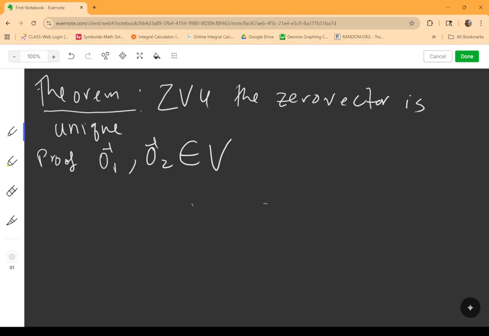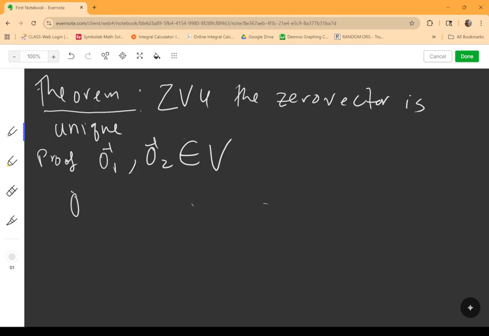We are not going to use column vectors in our proof here. We're strictly using the axioms, and the axioms are very general, so they don't reference any particular type of object like a column vector or a polynomial. So here, let there be two different zero vectors.